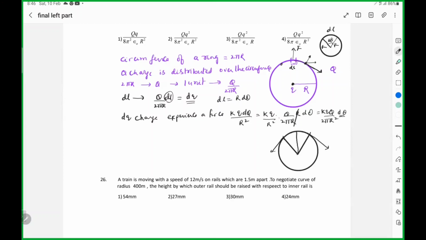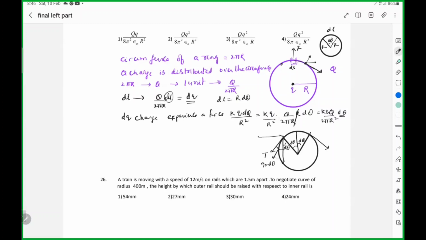If I draw a perpendicular, it is d theta. If I draw a parallel line, it will be 90 minus d theta. So tension has two components.